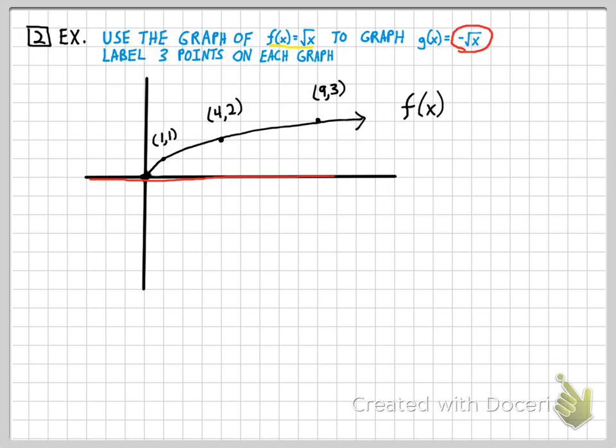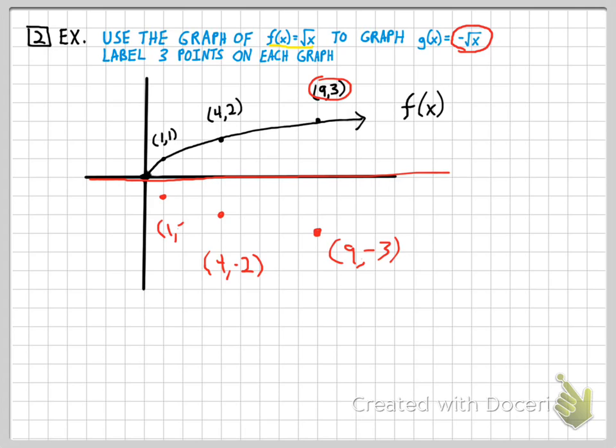I'm going to draw a little line that's going to be our mirror. Every point is going to be reflected, so 9, 3 would become 9, negative 3. And 4, 2 would become 4, negative 2. And 1, 1 would become 1, negative 1.